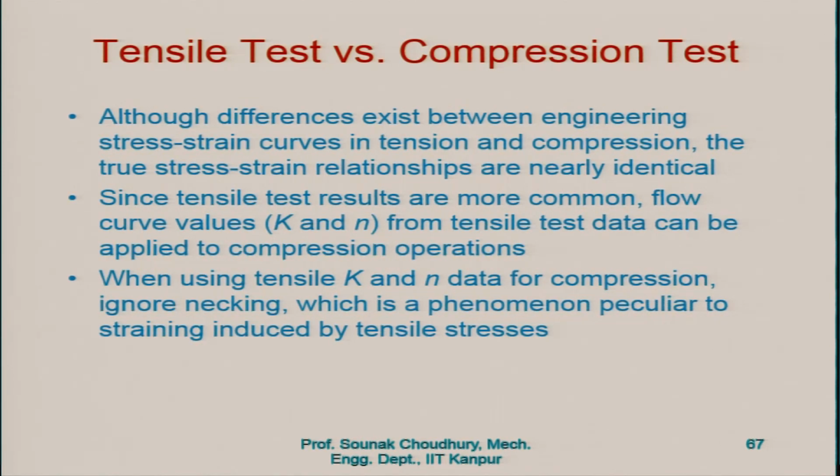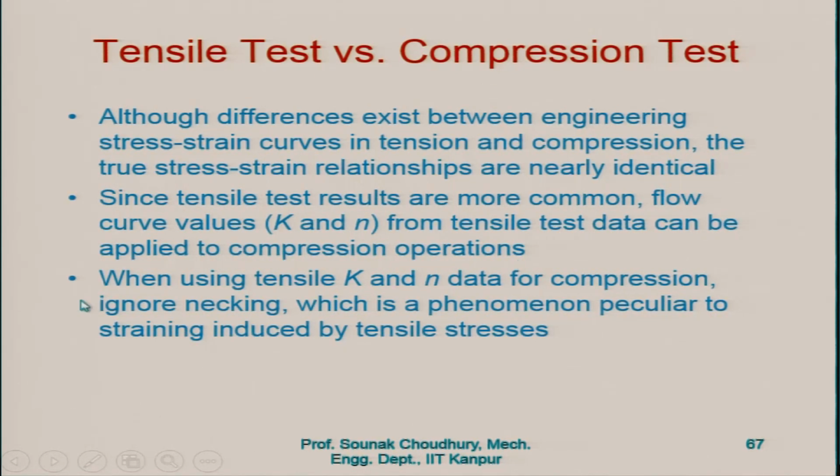This is another very important and unique factor: the true strain and stress relationship will be the same in tension and compression. Since tensile test results are more common, flow curve values, that is K and N, the strength coefficient and the strain hardening exponent, from tensile test data can be applied to compression operations.